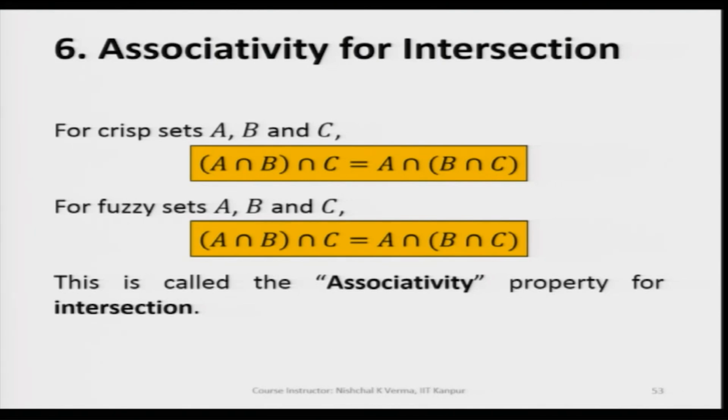Now, let us do the same thing. Let us now check the associativity property for intersection. For crisp sets A, B and C, the associativity property for intersection is satisfied, and for fuzzy sets A, B and C it is also satisfied, but we need to verify by taking some examples.